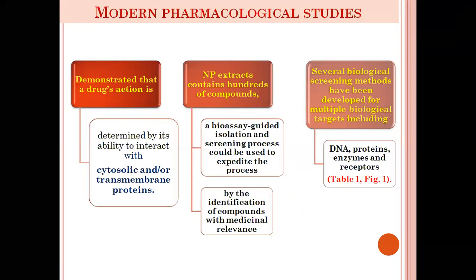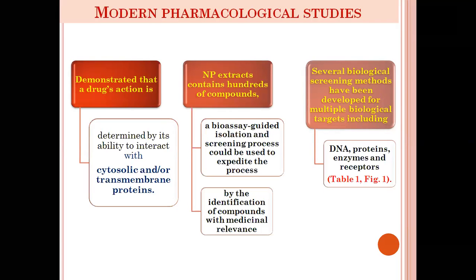What do they demonstrate? They demonstrate that the drug action is determined by its ability to interact with, as I told you, a target protein, a cytosolic protein or a transmembrane protein, nothing but DNA, nothing but an enzyme or nothing but a receptor.